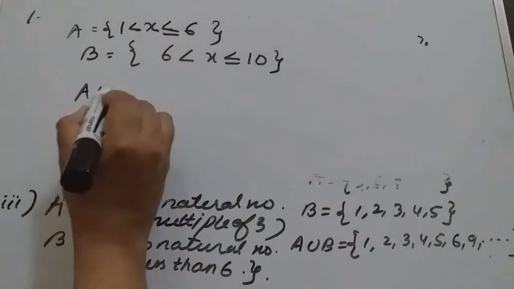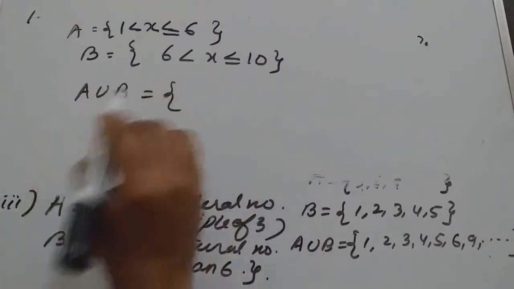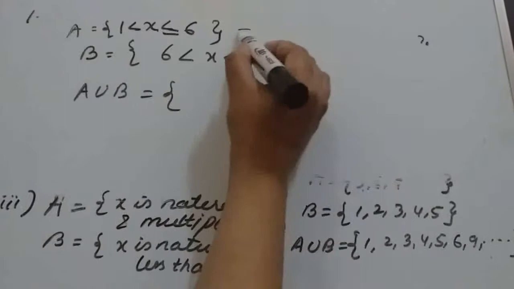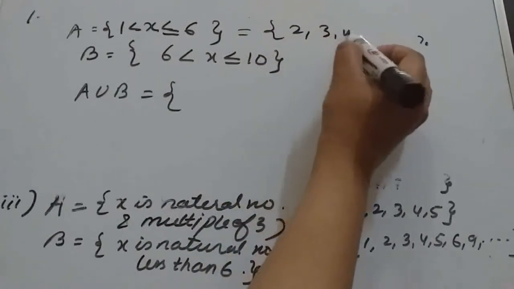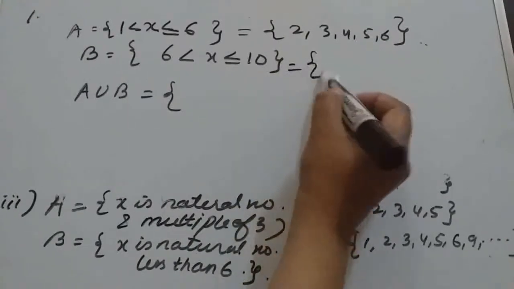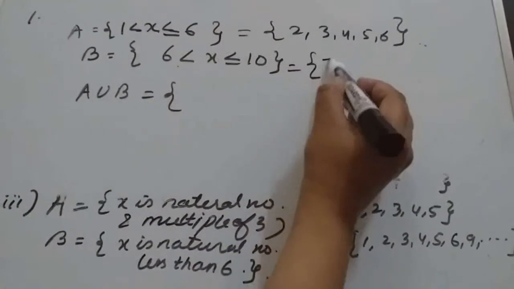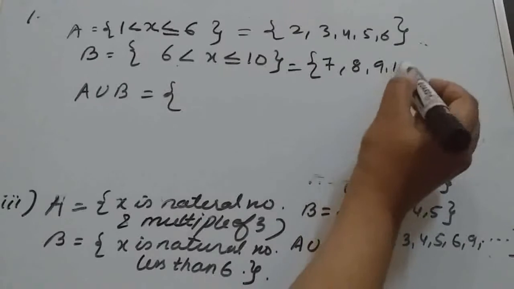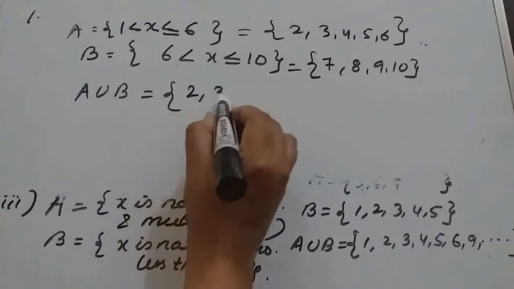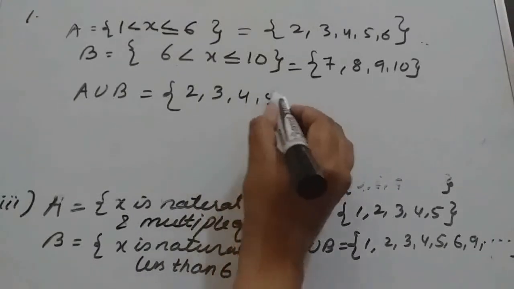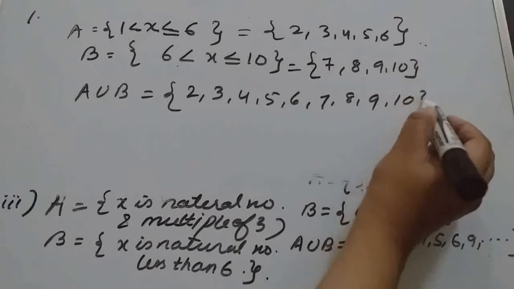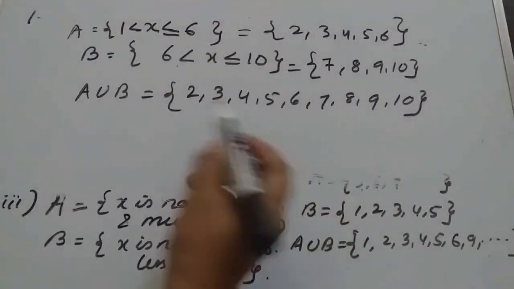So A union B will be in this case, see, starting from 2, all the elements, this will give elements 2, 3, 4, 5 and 6, isn't it? If you write in roster form, B will give elements all greater than 6, that means starting from 7, 8, 9 and 10. So what we can write here is the elements of the first set, then the second set, okay. So this is roster form.